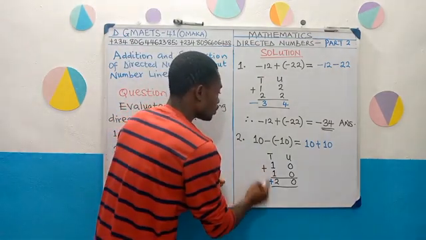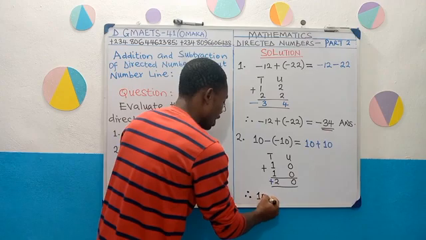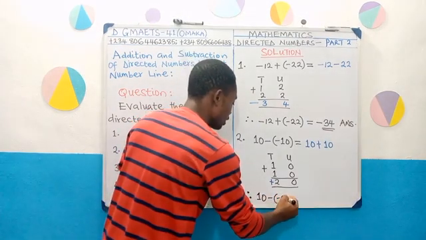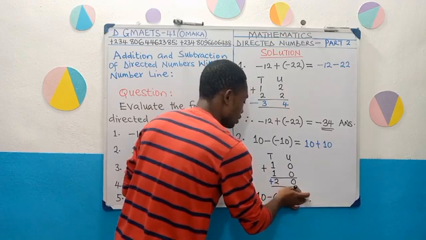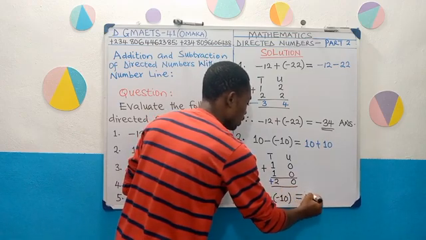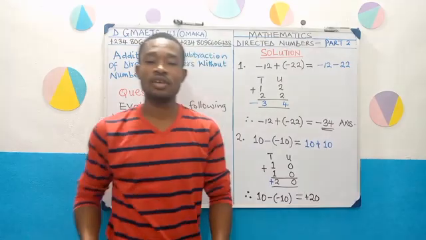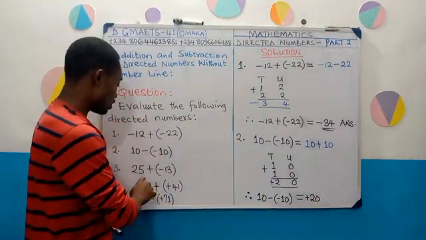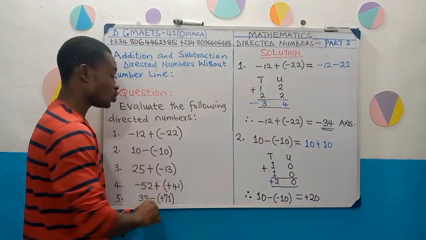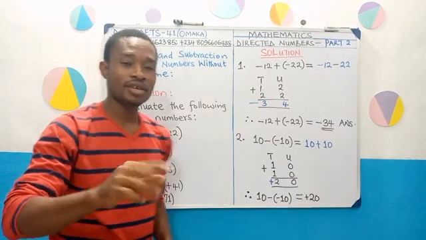Therefore, 10 minus bracket minus 10. The answer is equal to plus 20 or simply 20. Plus 20 or simply you can leave it as 20. The choice is yours. Even if you have 20, it's the same as plus 20. Alright, now it is time we're going to solve the third question. 25 plus minus 13.